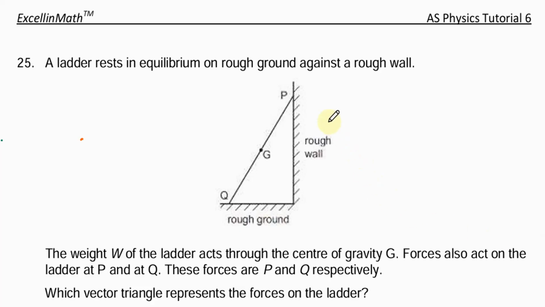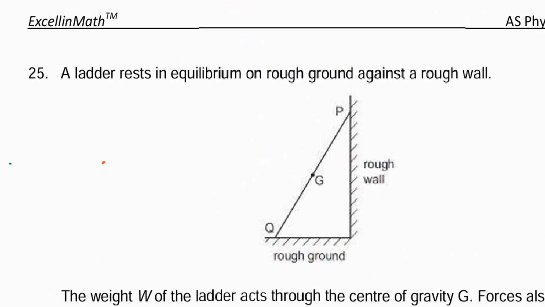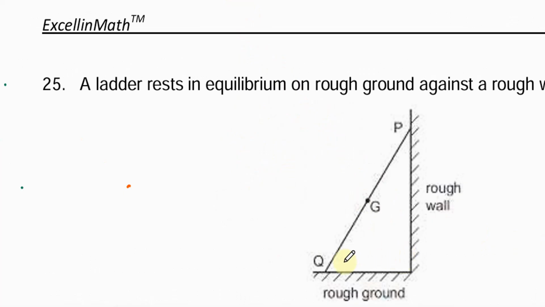So let's look at the forces acting on the ladder. We know at point Q, the ladder is in contact with the floor. And so we'll have a normal reaction force acting up. So the normal reaction force of the floor on the ladder. We also have a normal reaction force acting on the ladder at point P. So the normal reaction force of the wall onto the ladder.